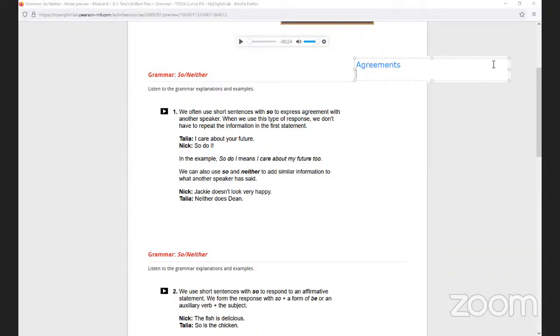So when we talk about agreement, we're going to use this first one, that is so. So we will use it for affirmative sentences. This agreement with so only works with affirmative sentences. Let's see in a conversation what an agreement is.